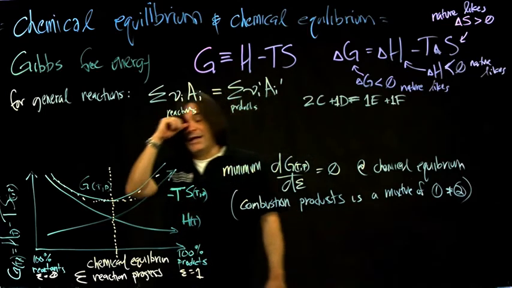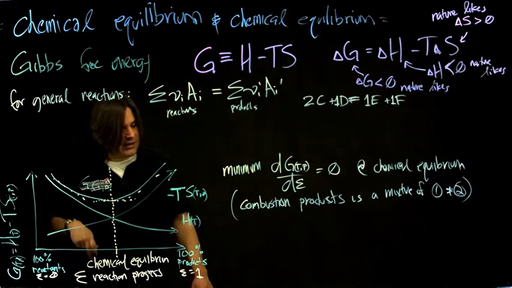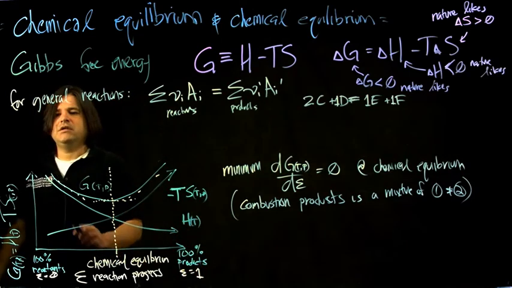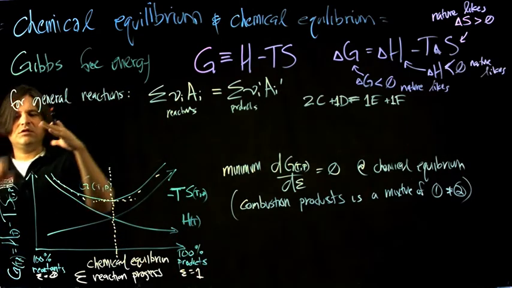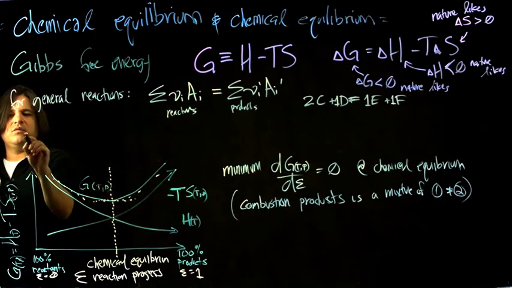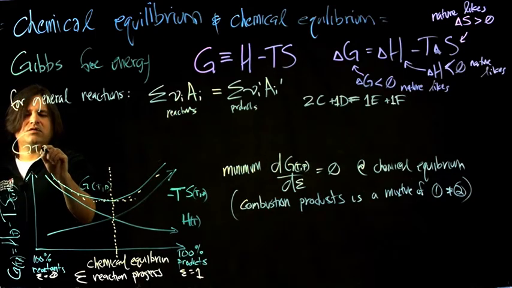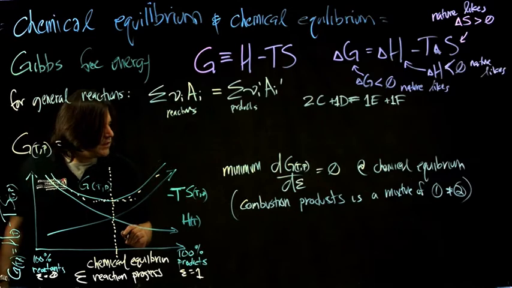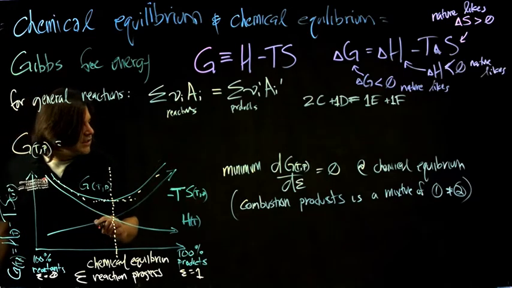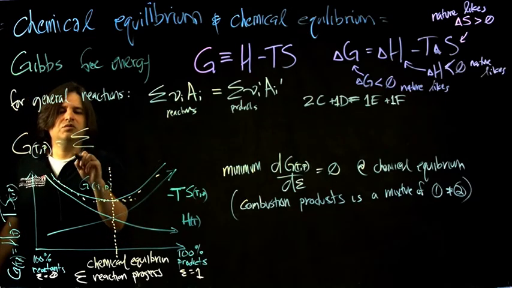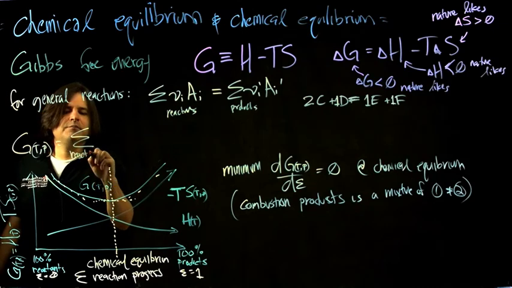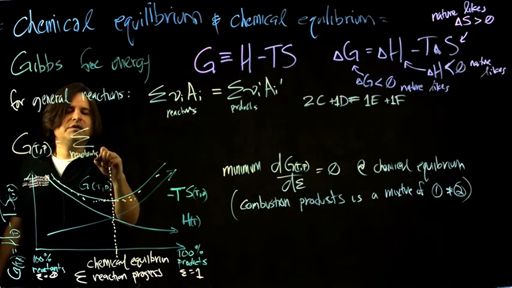What you would say is that the Gibbs free energy of this system, this whole container where this reaction is going to take place, as a function of temperature and pressure, equals the sum of everything, which would be all of the reactants. It depends on how much there are.